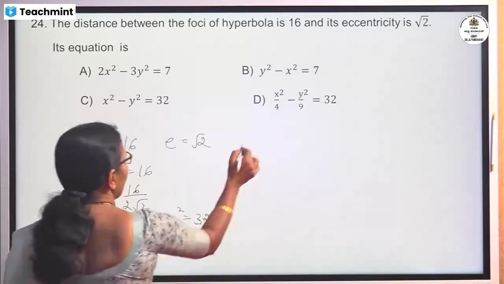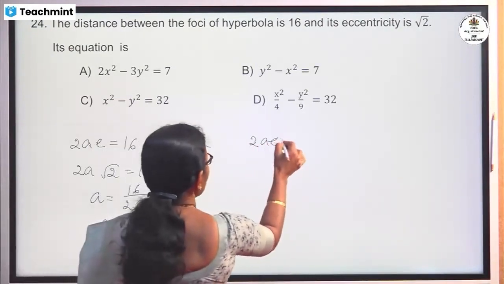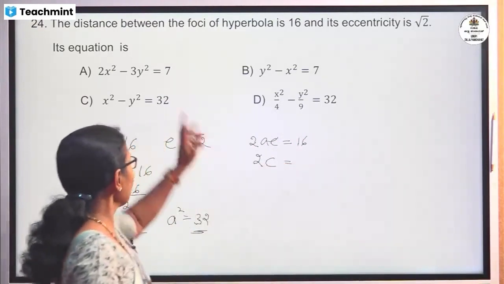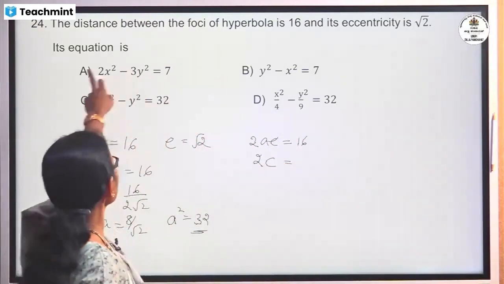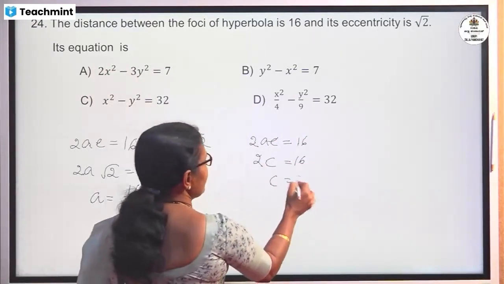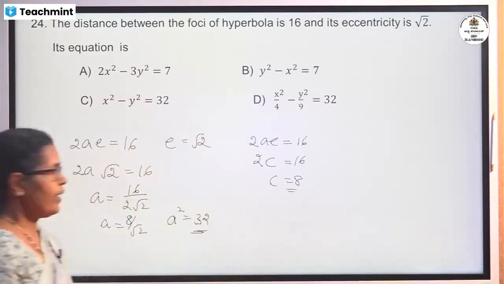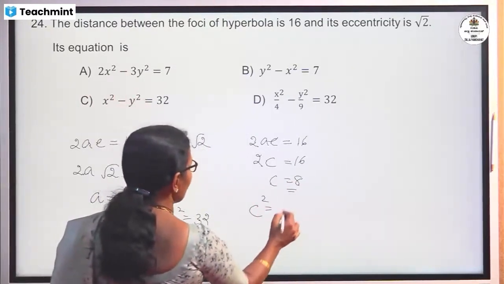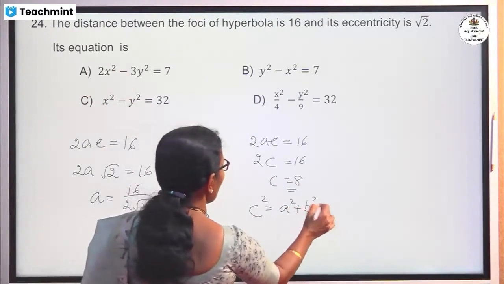Then we know that 2AE is equal to 16 means 2C is equal to the distance between the foci, 2C is equal to 16, C is equal to 8. Then in hyperbola, we know that C square is equal to A square plus B square.